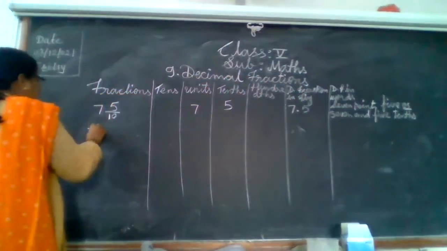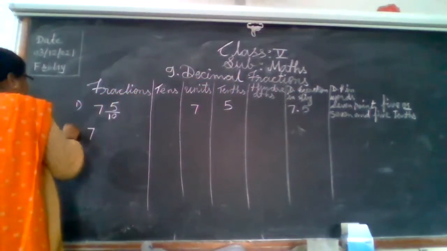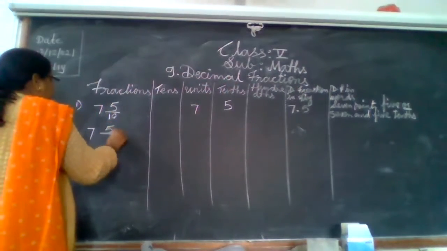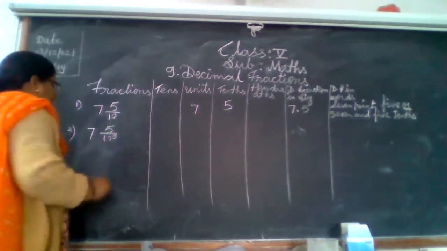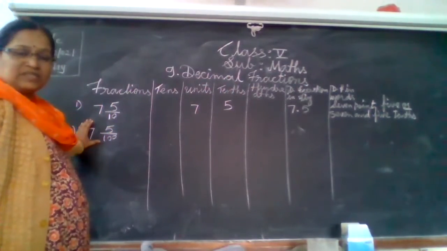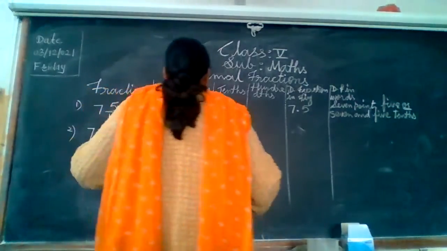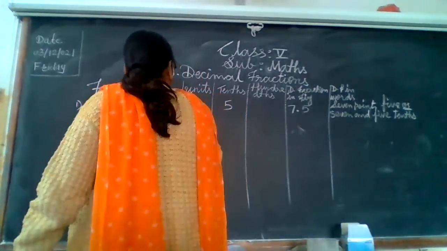7 integer 5 upon 100. So what is 7? 7 is a whole number. Only 7, so we will write 7 over here.